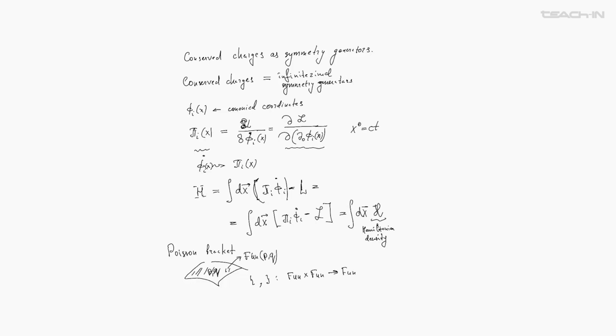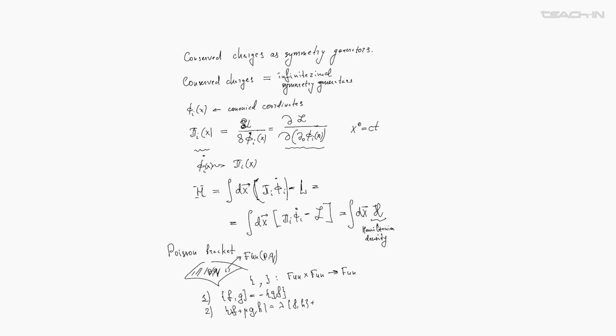And this Poisson bracket satisfies the following conditions. First of all, it is skew symmetric. So if you have two functions f and g, then {f,g} is minus {g,f}. Then it is bilinear: {lambda f plus mu g, h} is lambda {f,h} plus mu {g,h}.